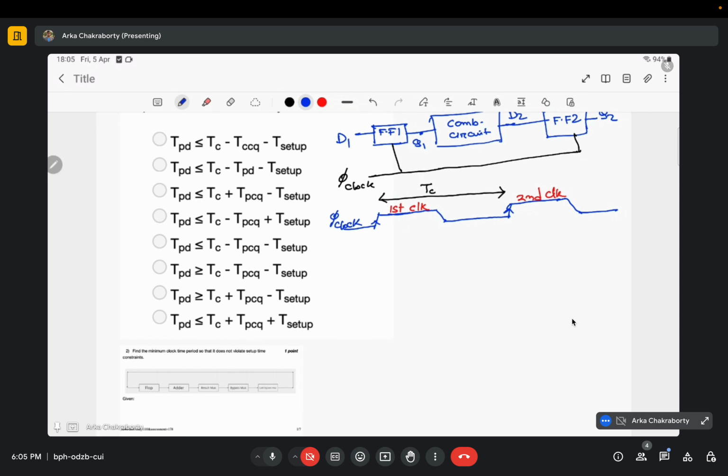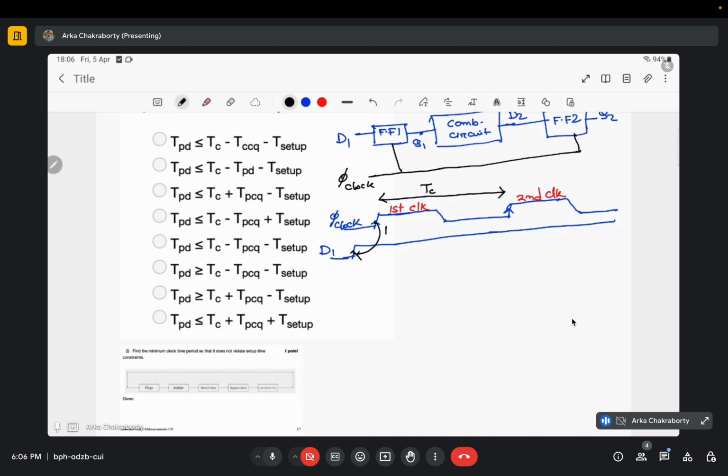And let D1 be the input here. So this is D1. Now we know the minimum time before which D1 should arrive before the rising edge of the clock has arrived is called, what is it called?